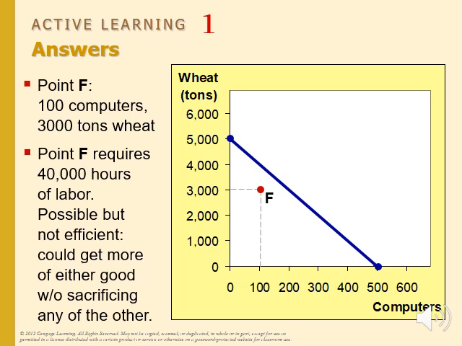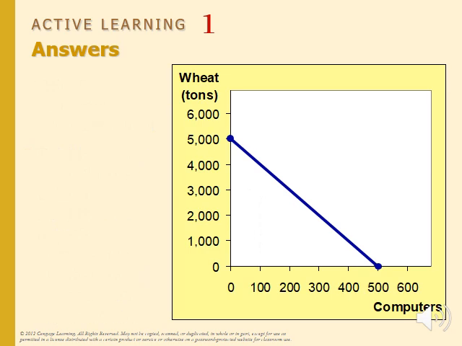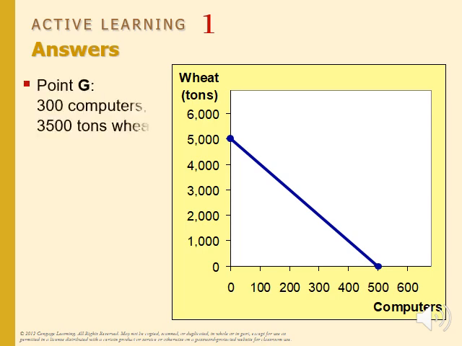If we are dealing with a point inside the production possibilities frontier, we know that that combination of goods is not utilizing all of our productive resources and is by definition inefficient. Point G, 300 computers and 3,500 tons of wheat, is a combination of goods and services that we simply don't have enough labor hours to produce.